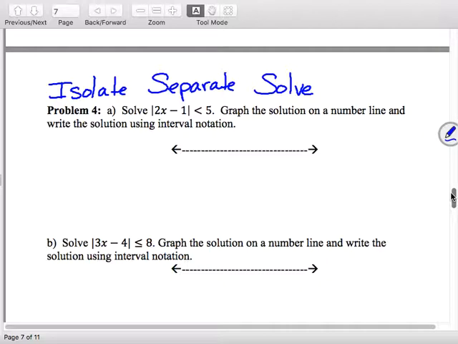So if you look at problem 4, this is a less than. A less than is an and. So watch what you do. You write 2x minus 1 less than 5, and you flip and negate. And I want you to go, like you might be saying, okay, why? Why did that happen?